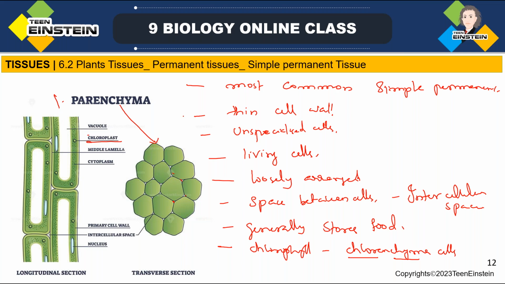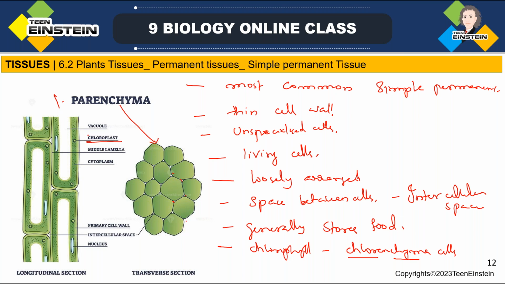And in aquatic plants, meaning those plants which are present in water, the parenchyma have larger cavities. So the intercellular space or the larger cavities will be present, and that helps them to float.